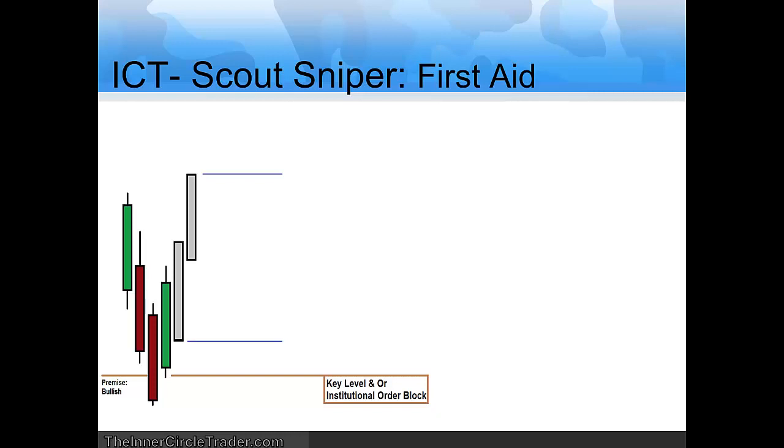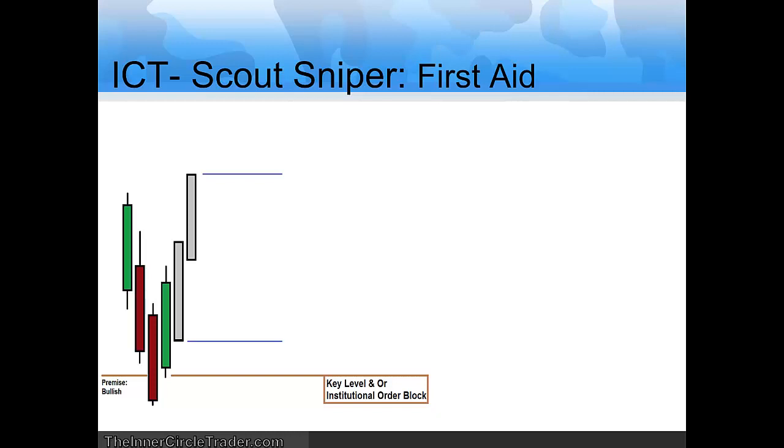Perfect example: pick any pair of your choosing, load up a 15-minute chart, condense your chart so it shows Sunday to Friday's close, and you'll see how that time frame gives you all of the session highs and lows. It even gives you a very clear snapshot of all of the volatility for those particular sessions: London, New York, Asia. You can see where the range highs and lows are very clearly, and then you can see the small quiet points in the marketplace in between those sessions.